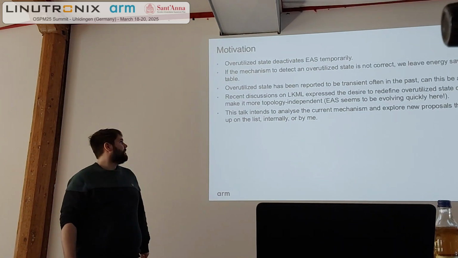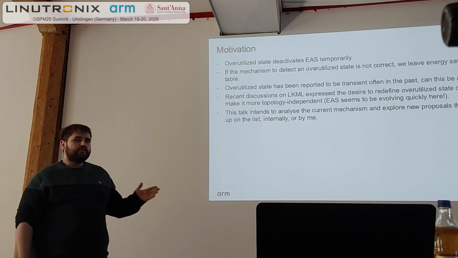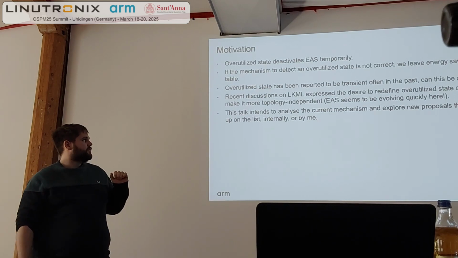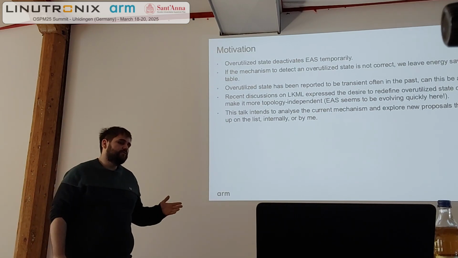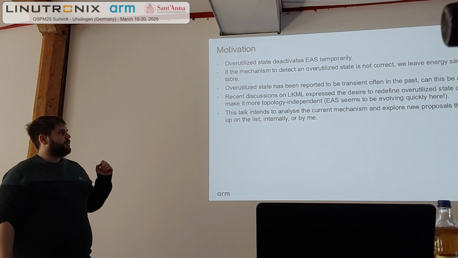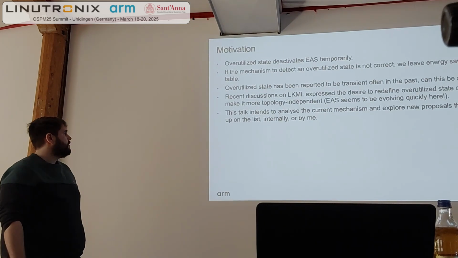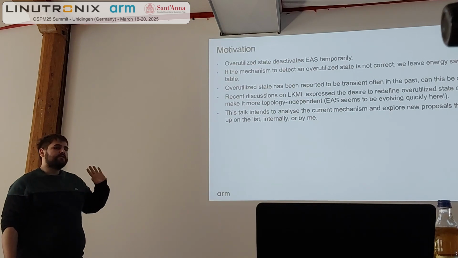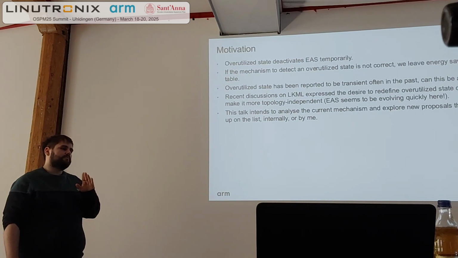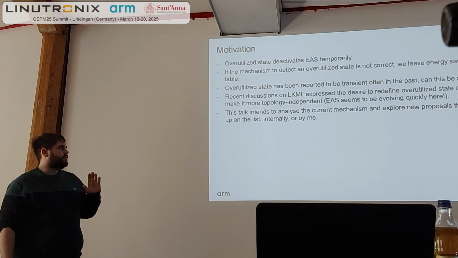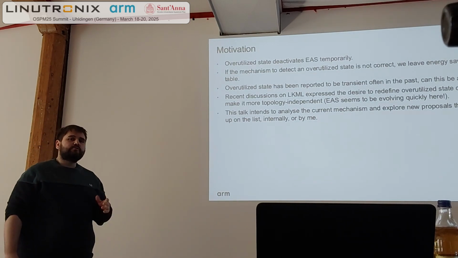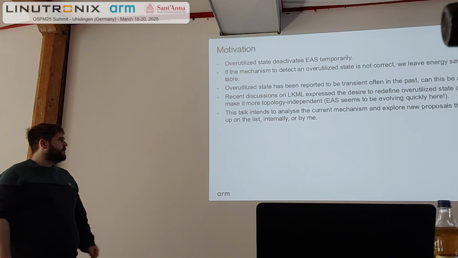That of course means if we are bad at detecting overutilized, if we're detecting it too often, for example, then we leave energy savings on the table. And it has been reported to be very transient, so it's only there for a short amount of time, switches back and forth, which potentially could ruin task placement stability.